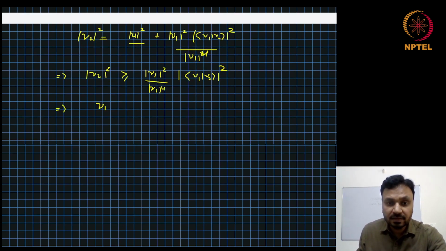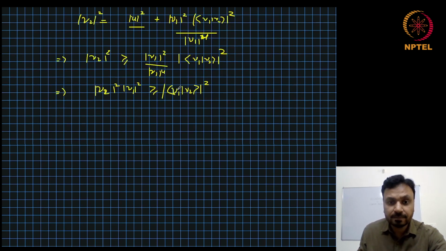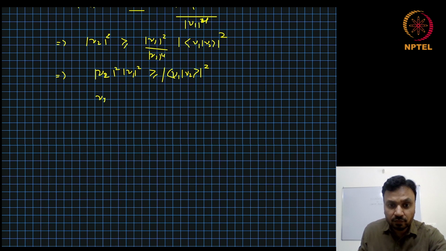This implies that v1 mod square times v2 mod square is greater than or equal to the inner product of v1 v2 mod square, or v2 mod times v1 mod is greater than or equal to the inner product of v1 v2.